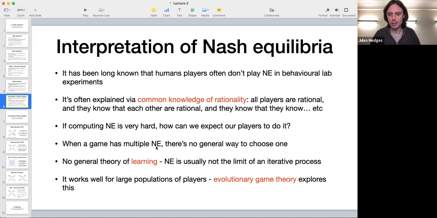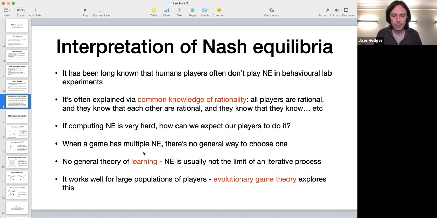We'll see examples of this, and there is no general method to say that one is better than another. And more generally, there is no generally accepted theory of learning Nash equilibria. That is to say, there is no iterative process in general that will converge to Nash equilibrium, so no way in which a bunch of players can interact over time in order to converge towards playing a Nash equilibrium. This can happen in individual cases, just not in general.